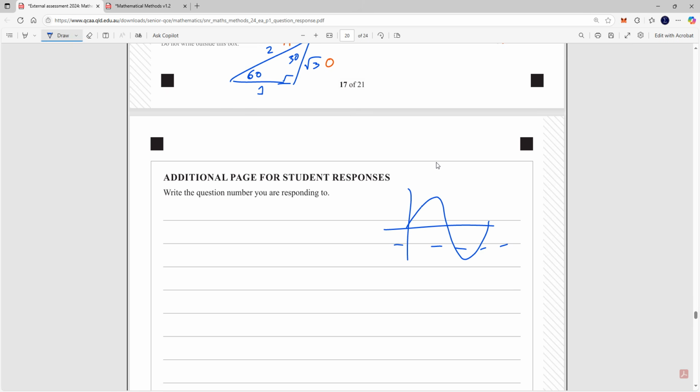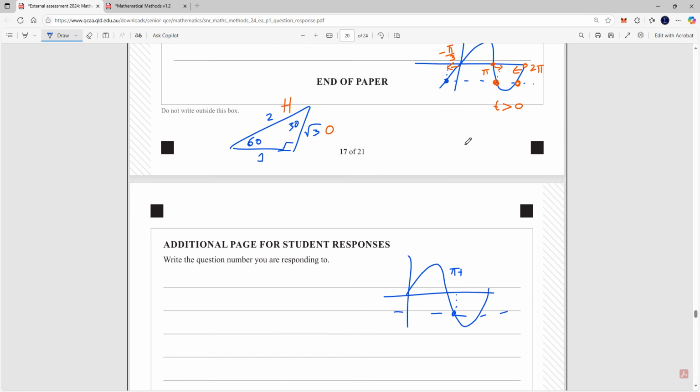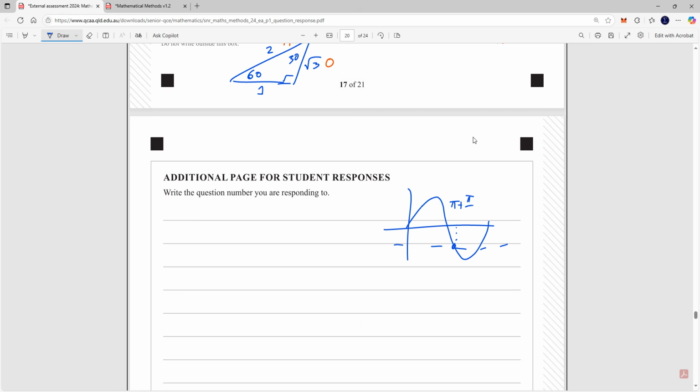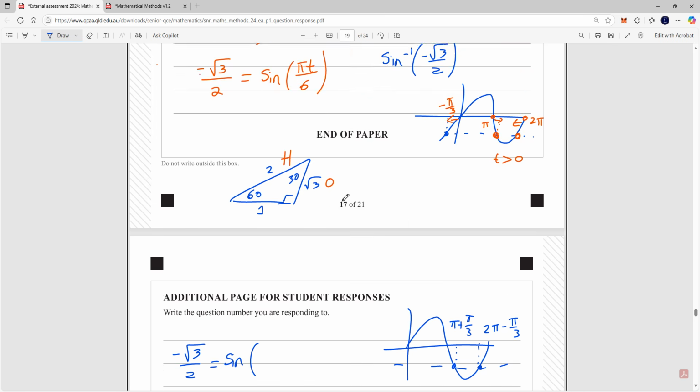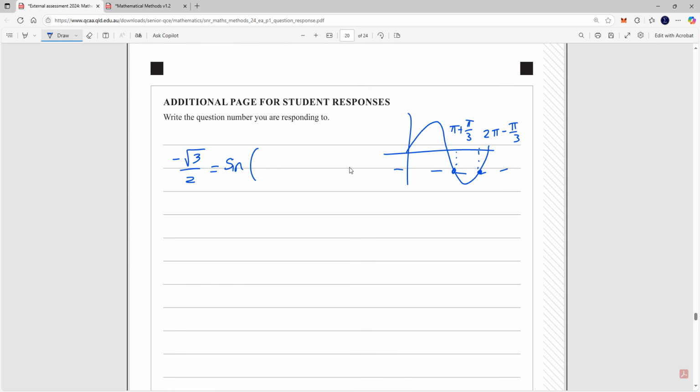So we've got those guys there. So this solution is going to be pi plus that distance, which is pi over 3. And this guy here is going to be 2 pi minus pi over 3. So at the moment we've got, I'm just going to write that working down here, minus root 3 over 2 equals sine pi t over 6.